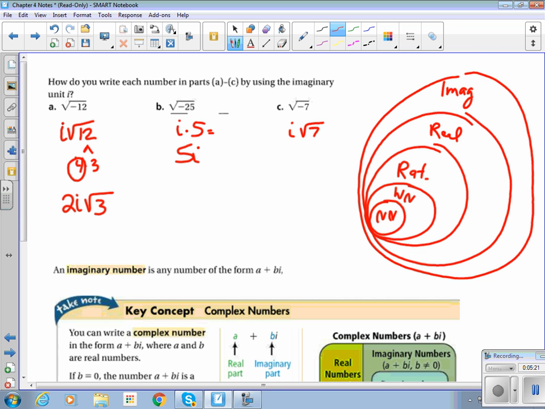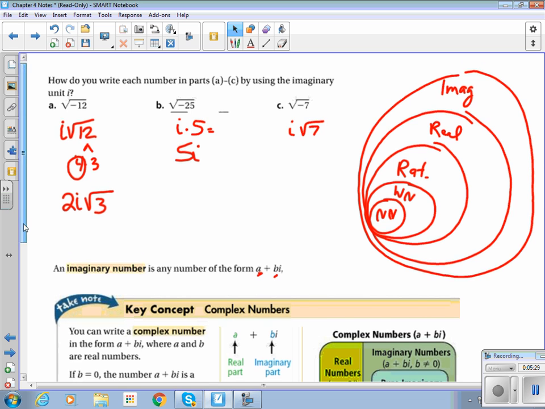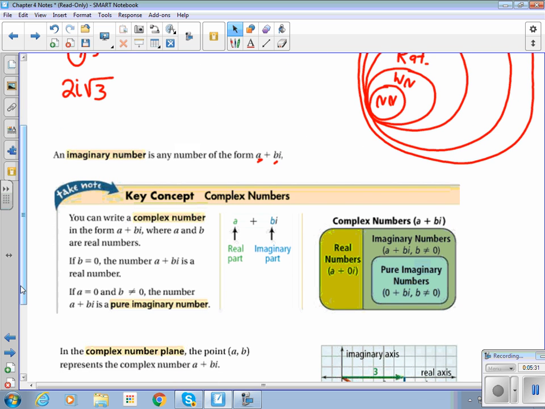So an imaginary number has the form a plus bi. And the reason we can say that all numbers are complex is because a is the real part. If your b is 0, so like 4, the b part of the number 4 is 0, so you just have the real part of it.